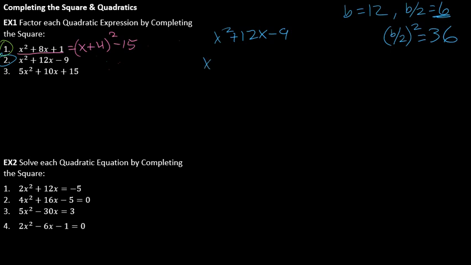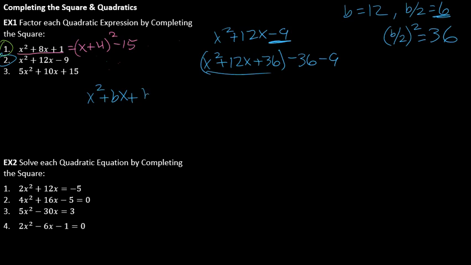So if we just add in a 0, effectively, so x squared plus 12x plus 36. That completes our square, but we also have to say minus 36, and we can't forget the minus 9. Okay, this guy now is a perfect square because we've got x squared plus bx plus b squared.